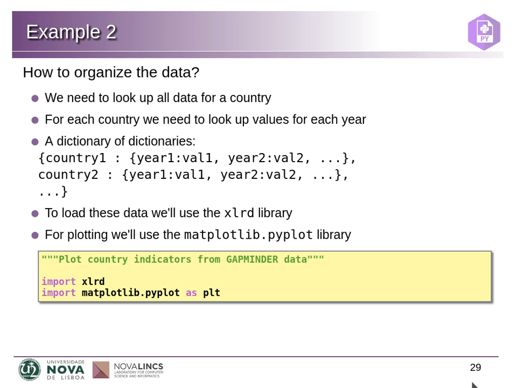So first we need to think about how we're going to store data. Now I'm going to again complicate a bit here, but this is something that happens a lot when you're actually dealing with real data. You have to think about how to organize the data that you have. And the problem here is that we need to know the data for each country, and we need to know which year each value corresponds to.